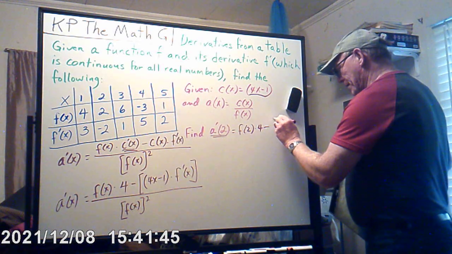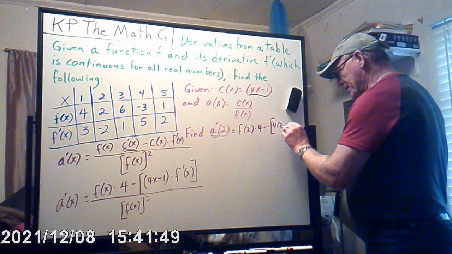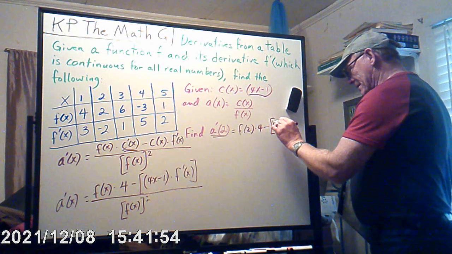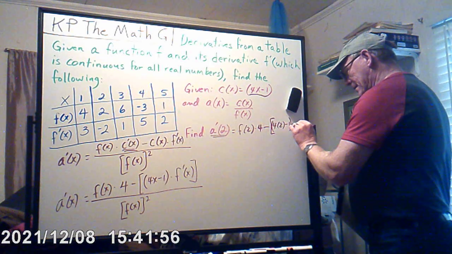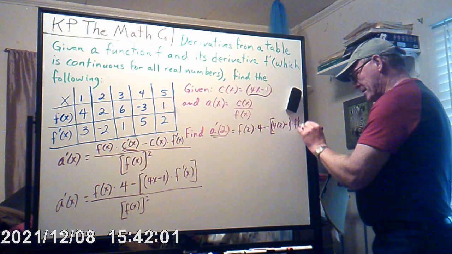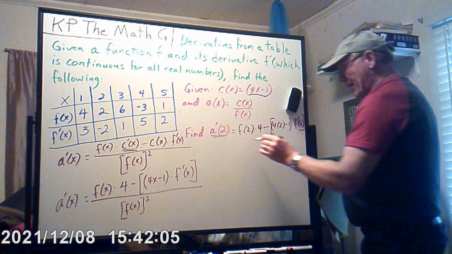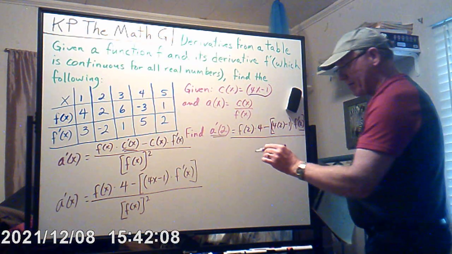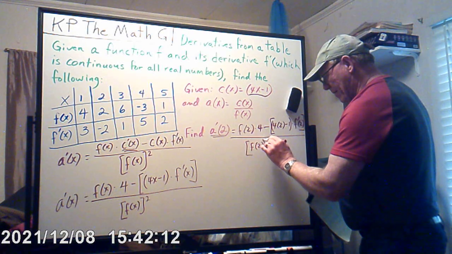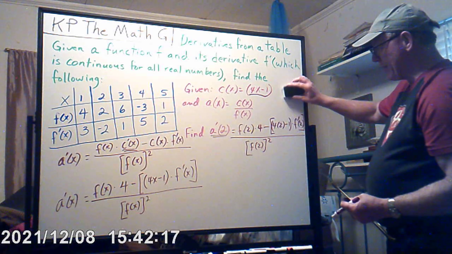Minus 4 times 2 minus 1, times f prime at 2. Wow, we just squeezed it in, didn't we? All over f at 2 squared. And that's what we do now.